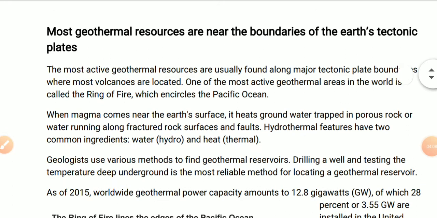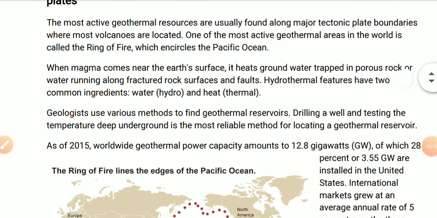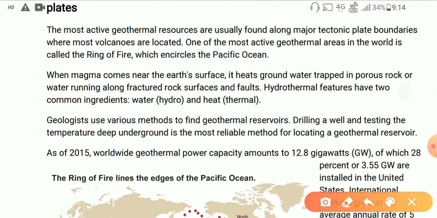So, one of the most active geothermal areas in the world is called the Ring of Fire, as I already told, which encircles the Pacific Ocean. When magma comes near the surface, it heats groundwater trapped in porous rock, or water runs along the tectonic rock surface and faults.